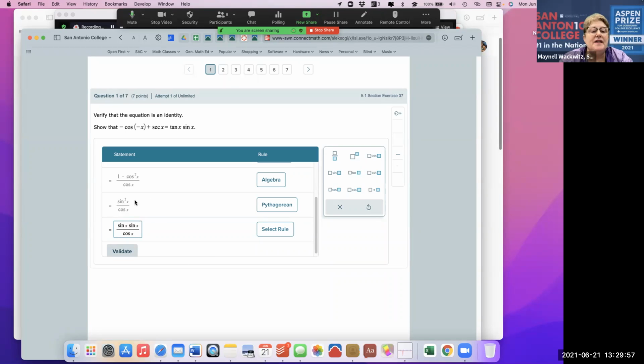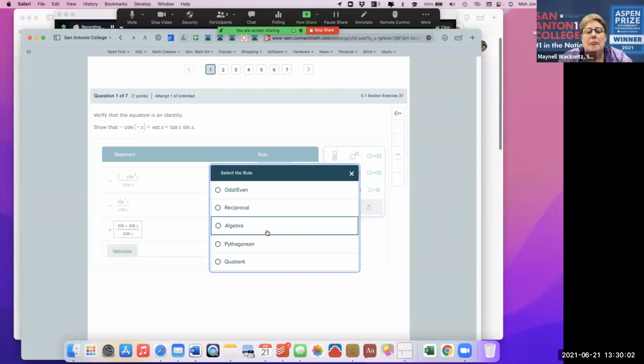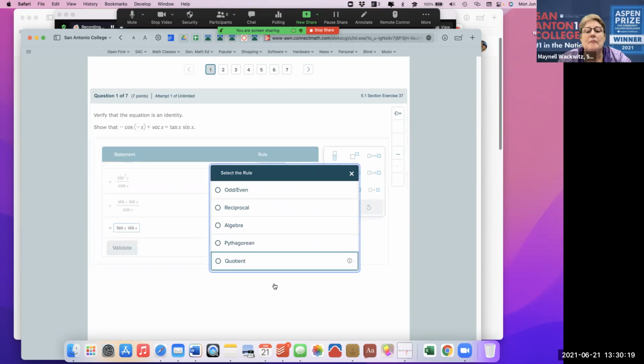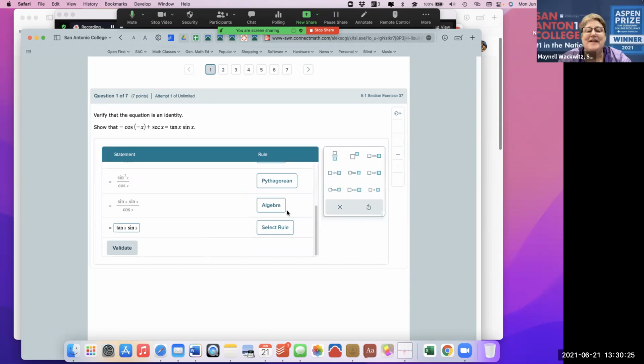I just wrote sine squared x as sine x times sine x. That's algebra. And the very last step is to write down the goal, tangent x, sine x. And what is the rule that we used? Good.